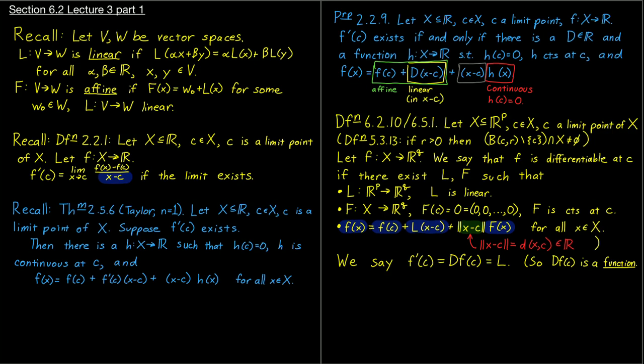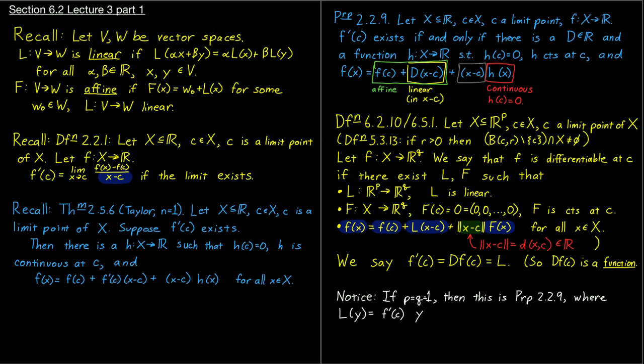So if we're going from R to R, notice if p is q is 1, then this is just proposition 2.2.9, where L of y is equal to f prime of c times y.